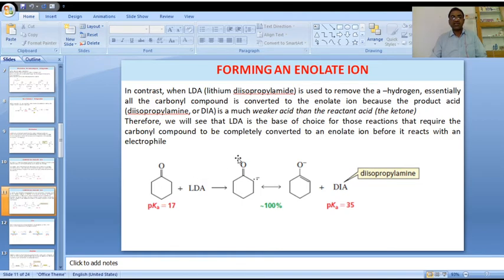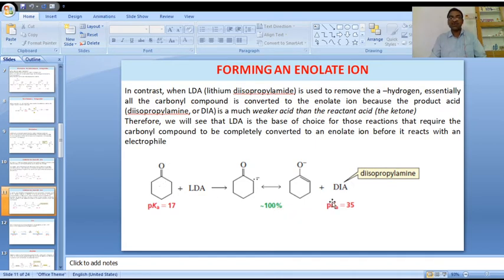Essentially, all the carbonyl compound is converted to the enolate ion, because the product acid, diisopropyl amine or DIA, is a much weaker acid than the reactant.